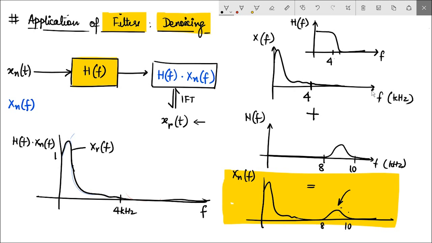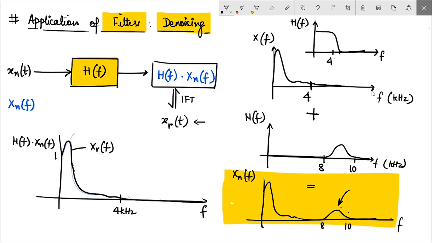You would not have anything here, you would just get zero. The signal still would have resembled the original voice signal very significantly. This is an application of filters in denoising and the significance of knowing the pass band, stop band, and cutoff frequency of any given filter.